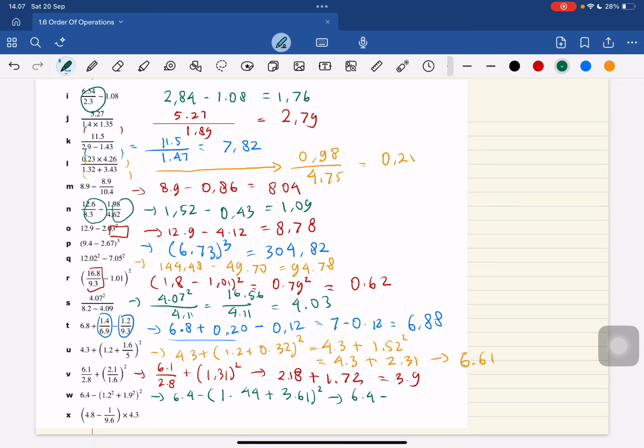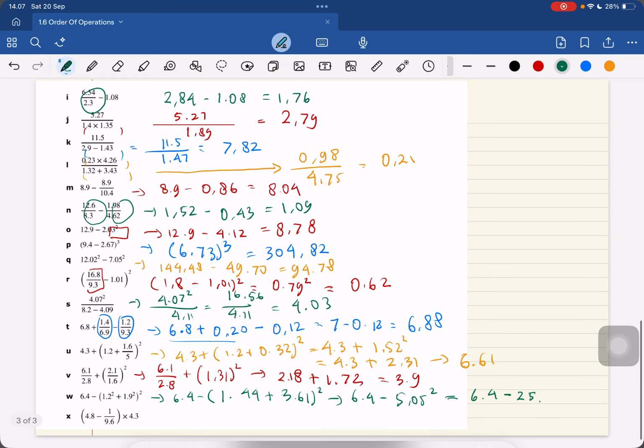So 1.44 times 3.61 will give us the answer of 5.05. Make it square. So 6.4 minus 5.5 squared. 5.05 squared will give us the answer of 25.5. So this answer is going to be minus 19.10.